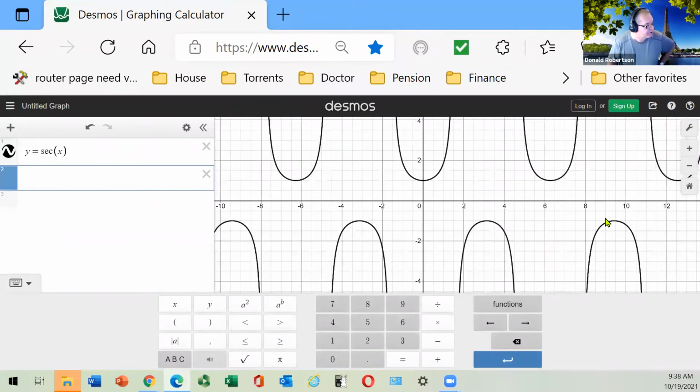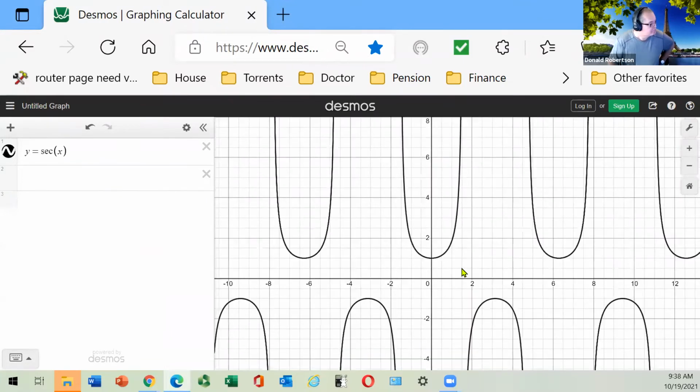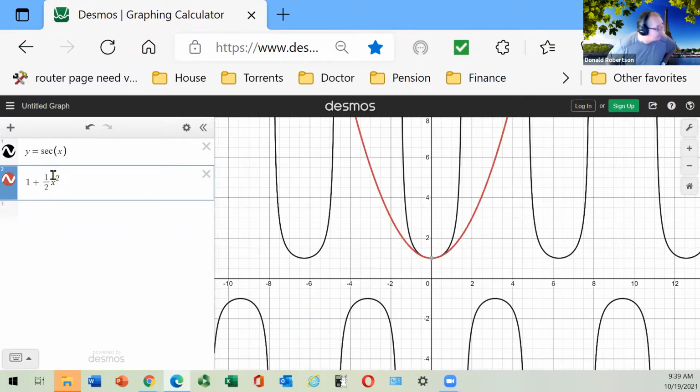You remember from trig, secant? Get that out of the way. Ooh, that function is going to have a problem. Would you agree it's got vertical asymptotes, which polynomials don't like, which is probably why they restricted it to the range they did. So it's 1 plus 1/2 x squared, which is this guy.